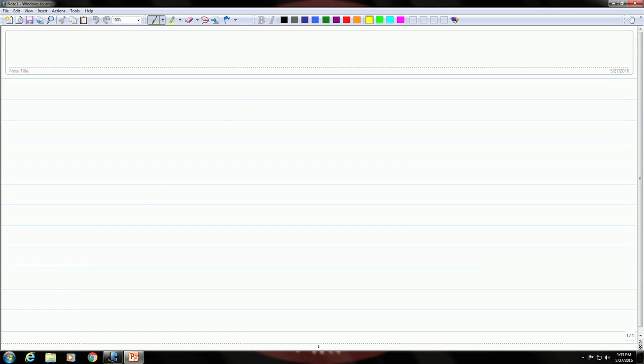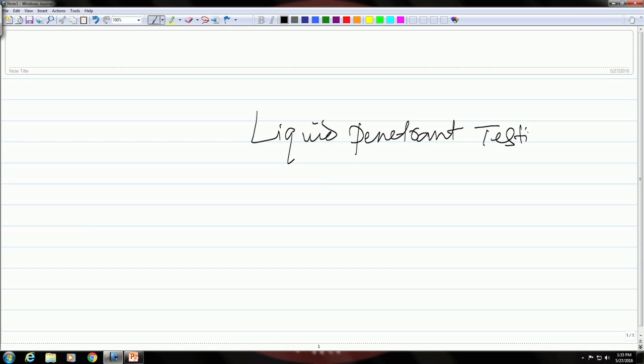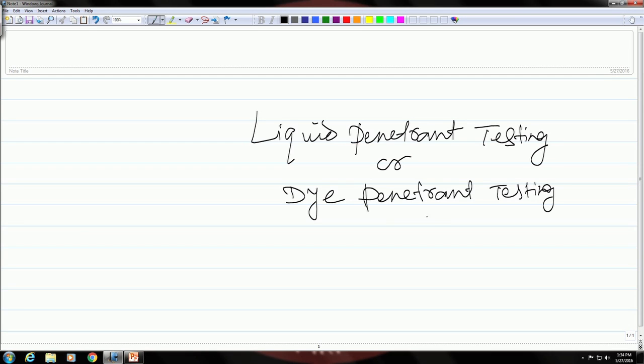So, this will be on liquid penetrant testing, or sometimes people also call it dye penetrant testing, because a liquid dye is used. And in short, sometimes they also prefer to call it simply PT, which stands for penetrant testing.